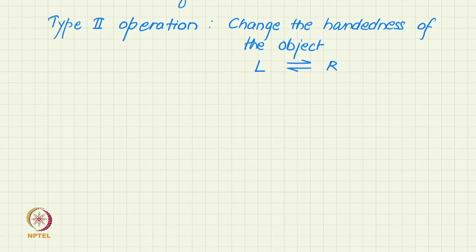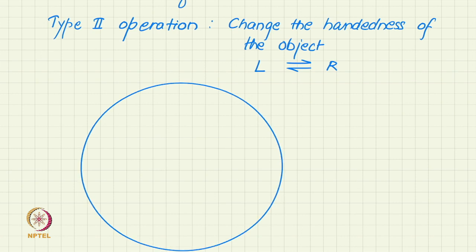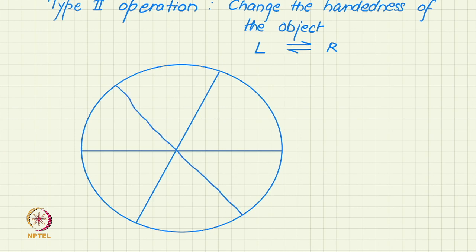So, let us look at this process stereographically. So, we draw a primitive circle and let me draw the three reference lines at 60 degrees, so as to guide me in my rotation, and start with an object, let us say a right handed object.